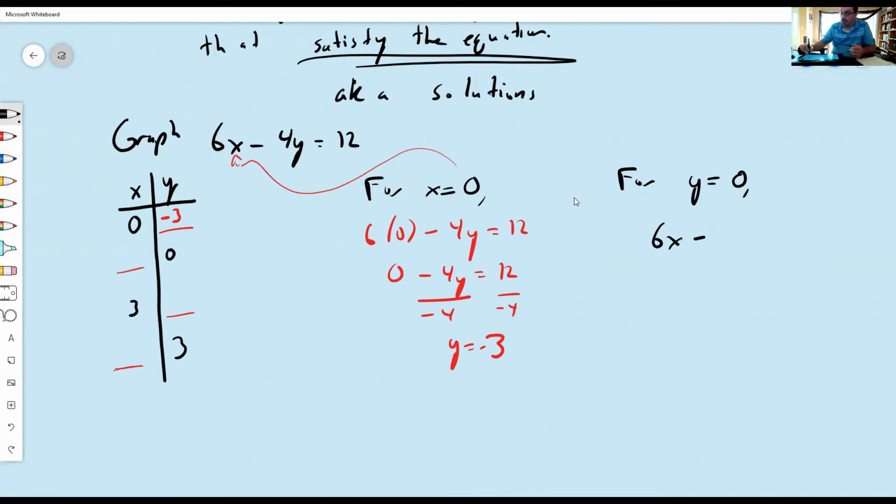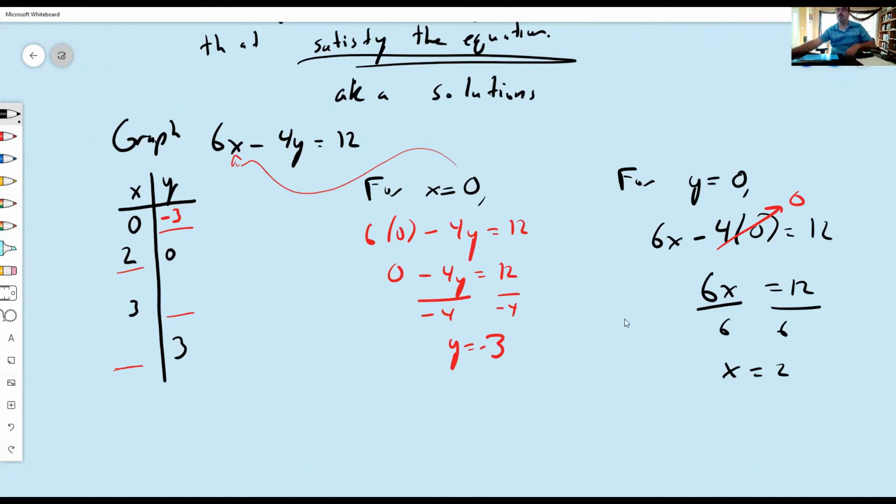I'm going to show the longer version. Minus 4y, and y is 0, equals 12. 6x equals 12, because that whole thing right there is a 0. To get x by itself, I'm going to divide by 6. X equals 2. So now I have the points 0, minus 3 and 2, 0.